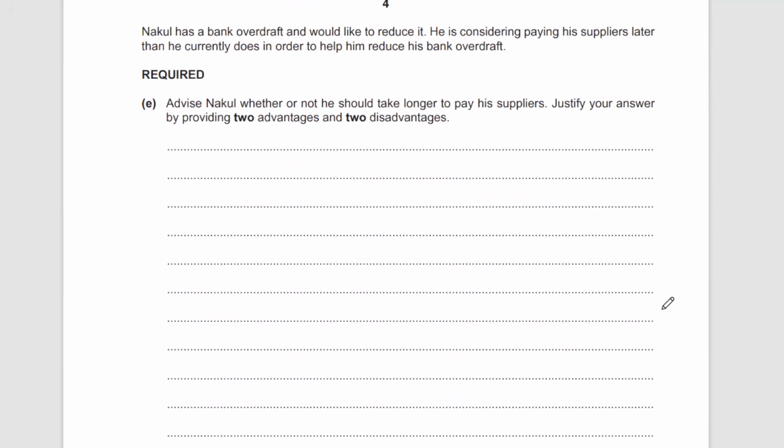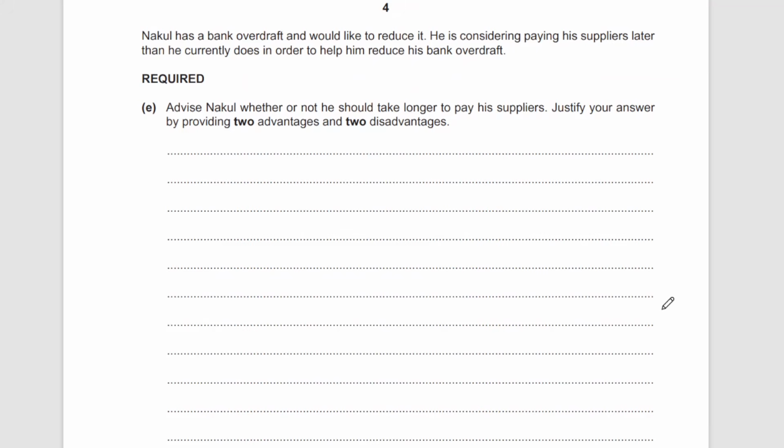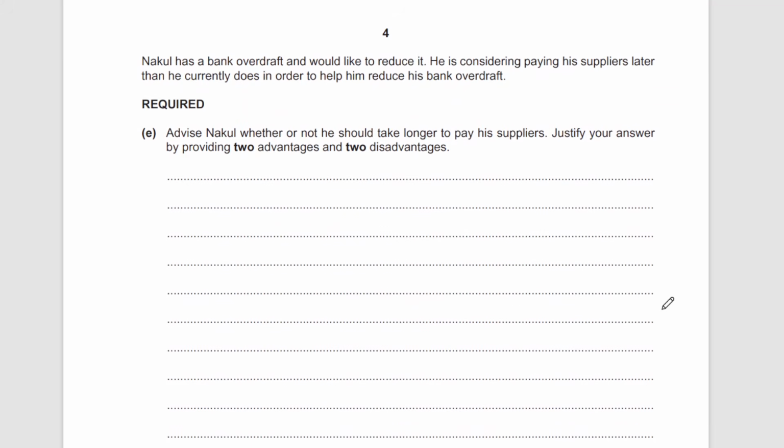Nukul has a bank overdraft and would like to reduce it. So that's a problem. Has a bank overdraft, fine. He's considering paying his suppliers later than he currently does in order to help him reduce his bank overdraft. Fine, so that's his strategy. Advise Nukul whether or not he should take longer to pay his suppliers.